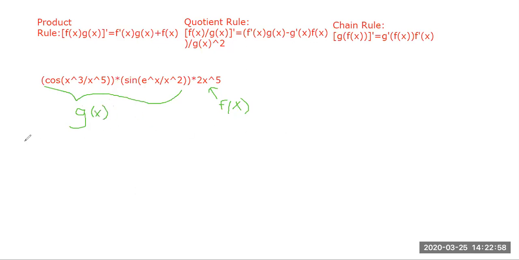So, step 1. We got to try to break this up a little bit because, as you can see, we got 1, 2, 3, 4 functions here in g of x.